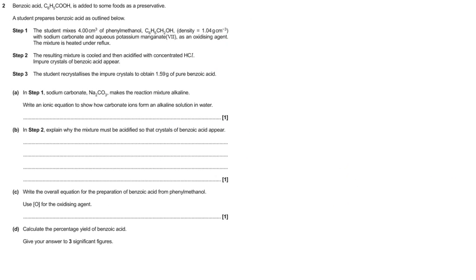Okay, here in question 2 we've got a practical question. So we've got an interesting fact to start with. Benzoic acid is added to some food as a preservative, to make a link with the real world. And then straight on to the practical that you're familiar with. So we're going to prepare this acid with these 3 steps.